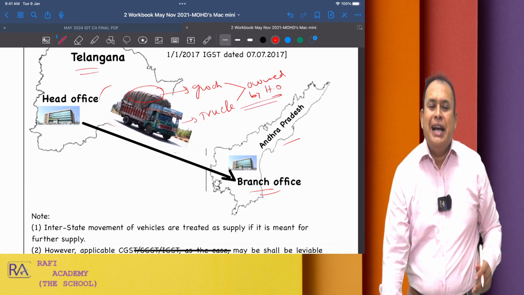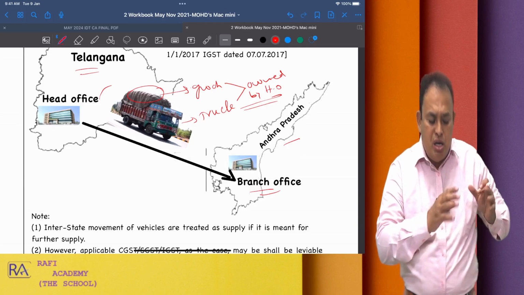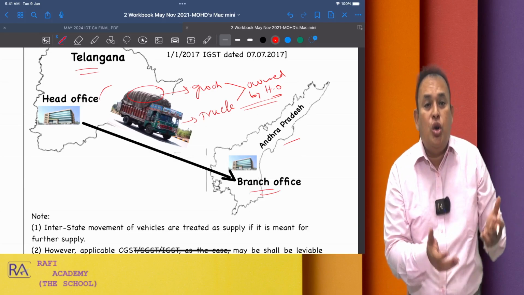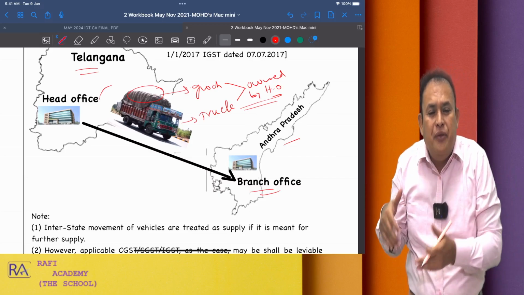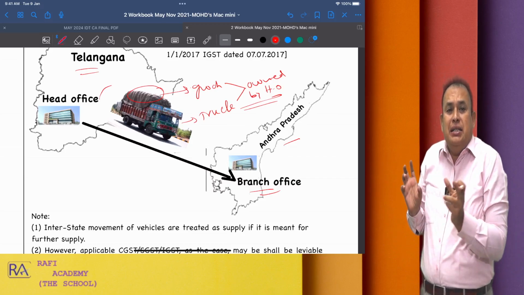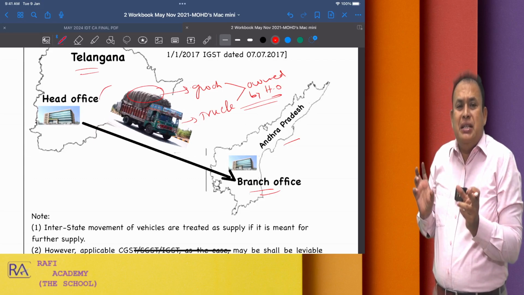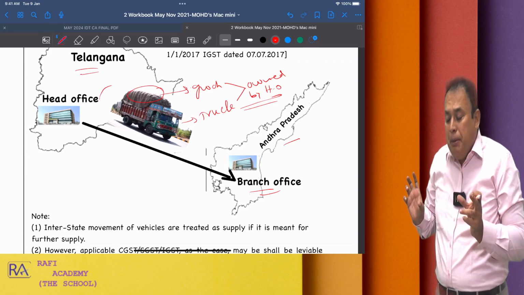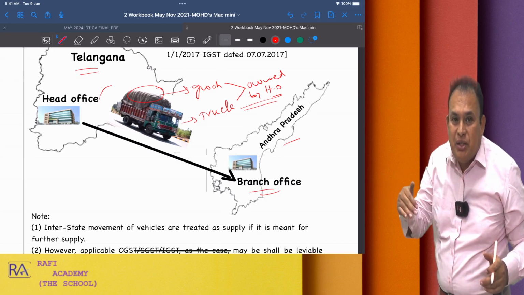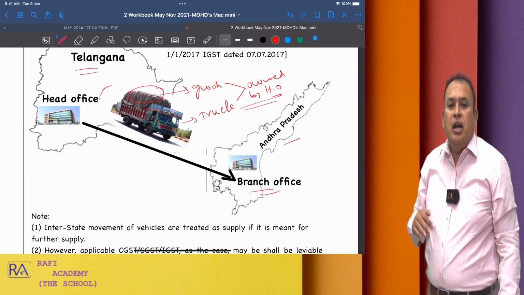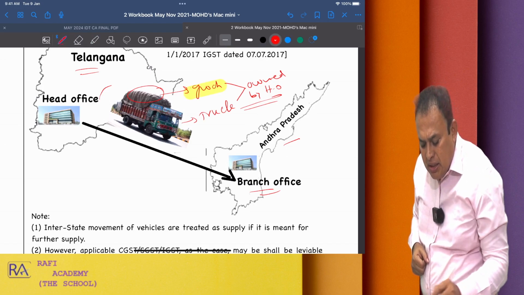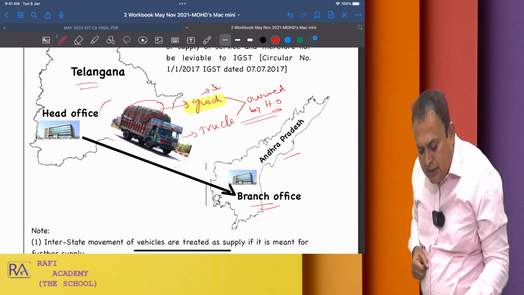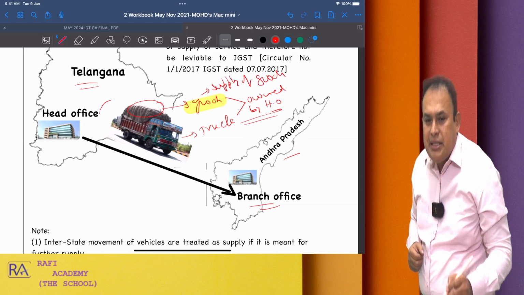The head office is sending not only the goods but also those goods in a truck from head office to branch office at an interstate level between distinct persons. Undoubtedly, this is called supply of goods, even without consideration.